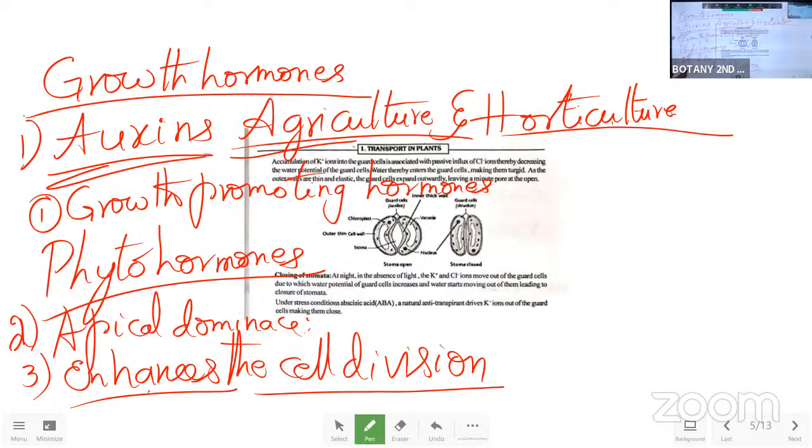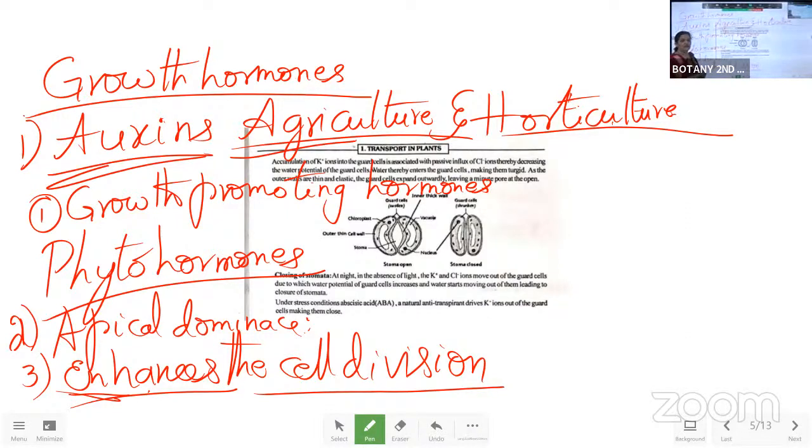That's the most important thing we have to conclude, because they are asking about agriculture and horticulture. So when we give the examples along with the explanations, that will be the best method. With the enhancement of cell division, leaf promotion will be more, as well as disease resistance, so that the yield will be 4 times more from the plant body.